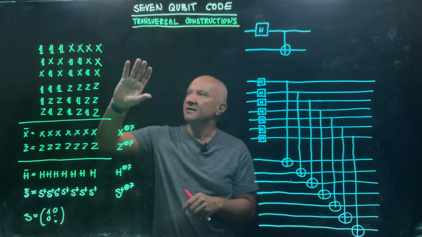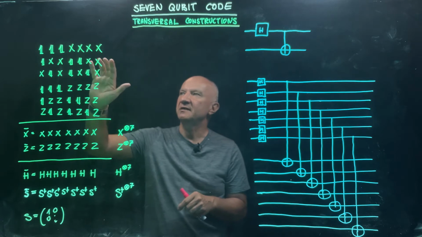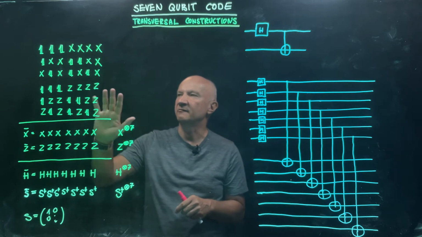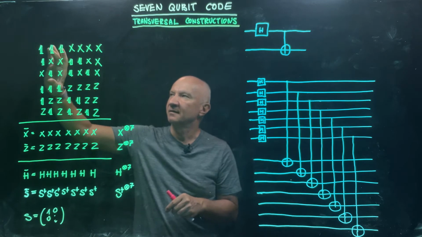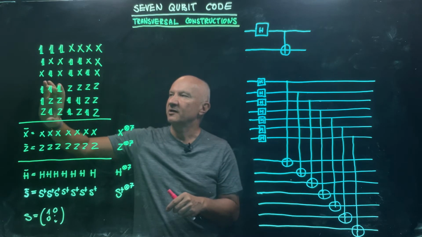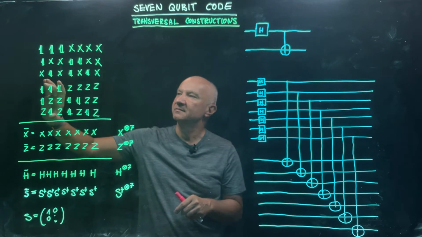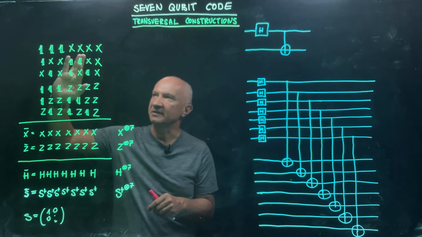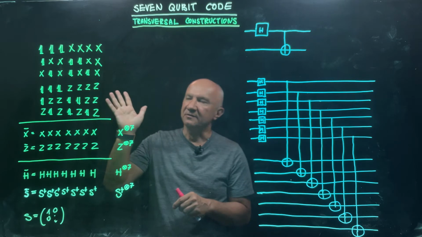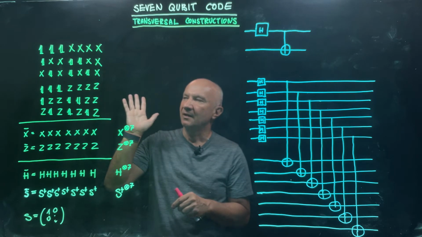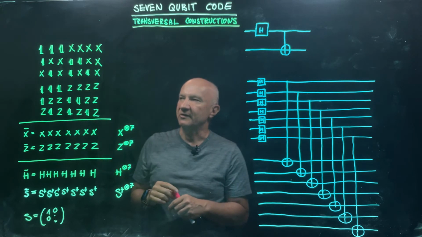And as you can see, each stabilizer here involves either 4 X operators or 4 Z operators. Moreover, you can see that if you look at these 3 operators here, they are just exactly like this one, except that you swap X to Z. The first thing you can do is to ask, okay, what kind of errors does this code correct?